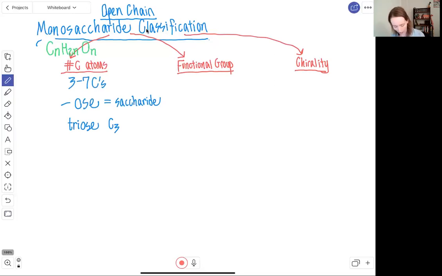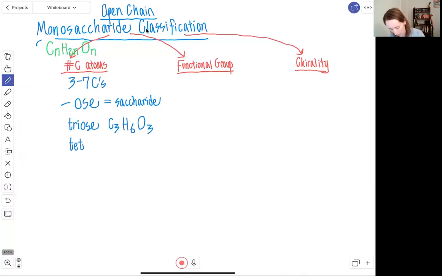And then we know that these open chain monosaccharides follow this formula that I'm highlighting here with a laser pointer. So we can fill in then, if we have 3 carbons, that we absolutely have to have 2 times n hydrogens. So if there's 3 carbons, 2 times n is 2 times 3, which is 6. And then the number of oxygens is equal to the number of carbons, so that gets filled in with 3.